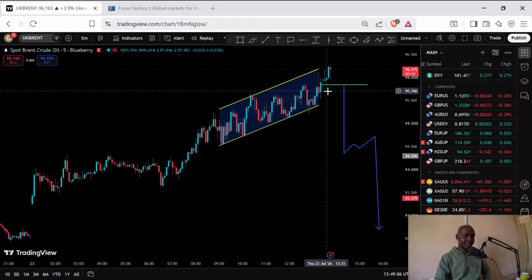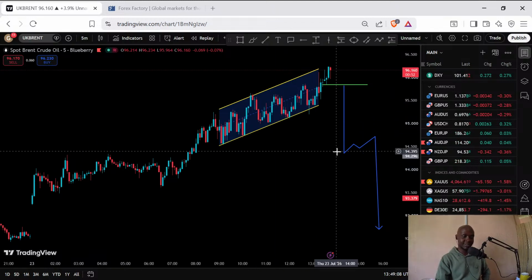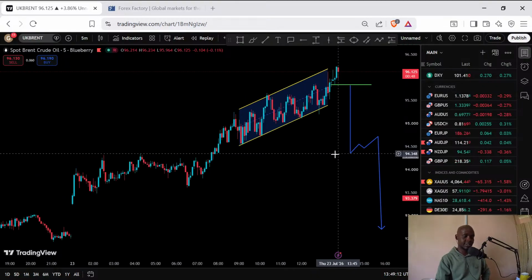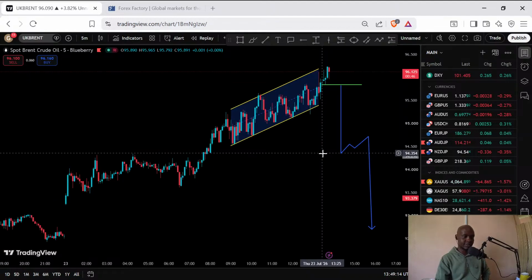If we can get the entry on crude today, it will be really an ideal sort of entry. Whenever I have my higher time frame aligning with the intraday, it is really ideal.